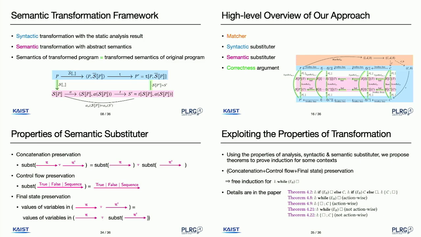Thank you for a great question. The difference between simulation relations and ours is that in a simulation relation, the states should be matched exactly, but in our semantic transformation framework, the exact correspondence is not preserved after a fixed step of time.